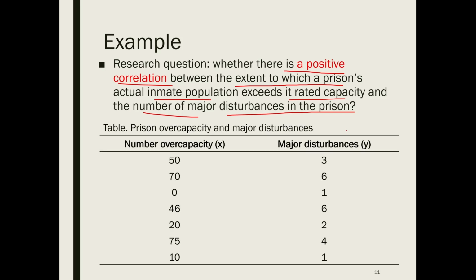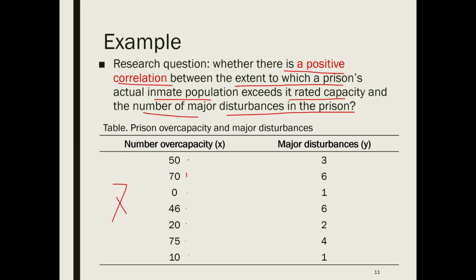Here is the example. You can see we have different prisons, 1, 2, 3, 4, 5, 6, 7, so we have 7 prisons.